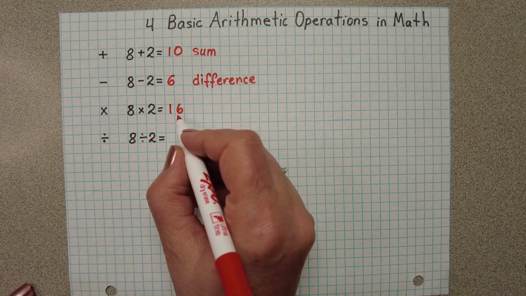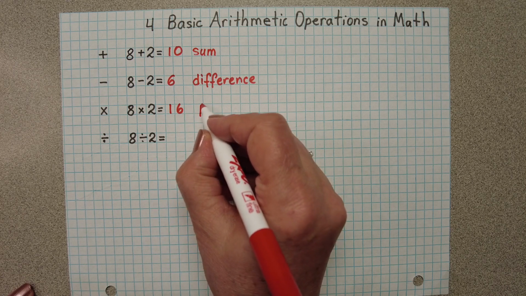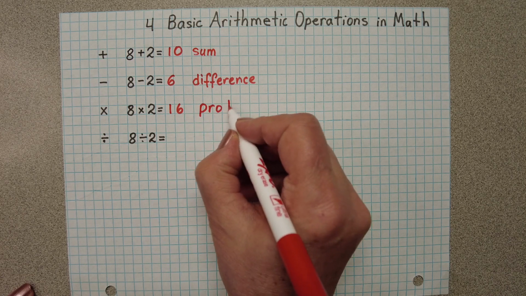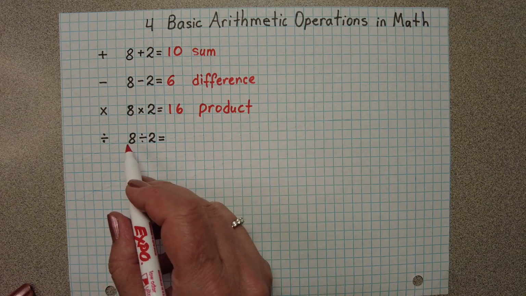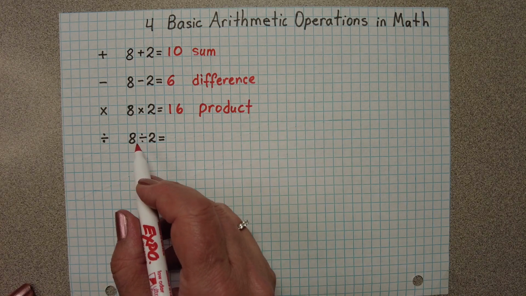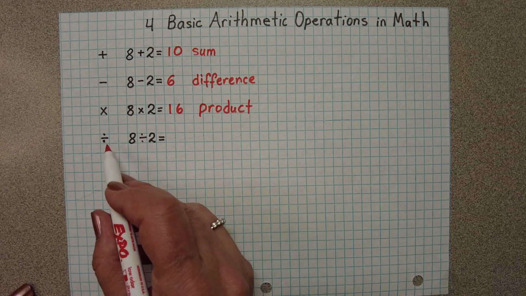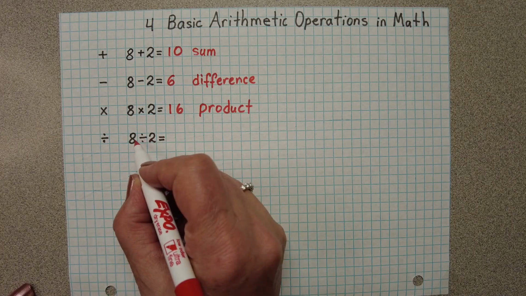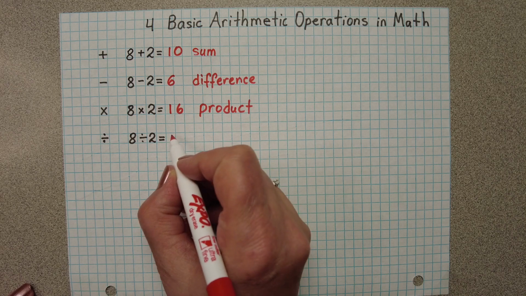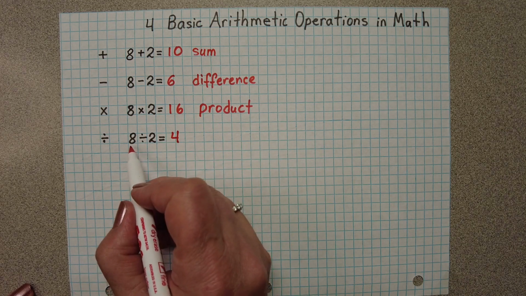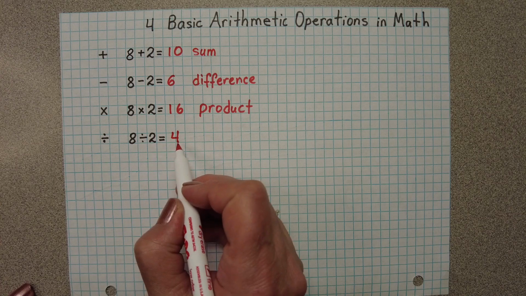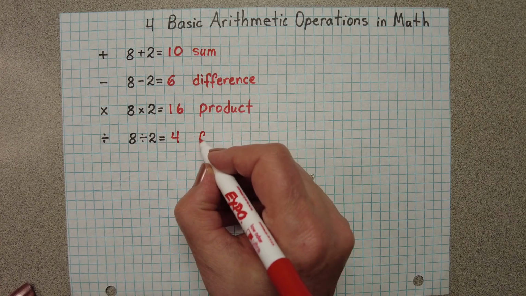So the answer for multiplication we call product. Now we're gonna go to the next operation, fourth operation, which is division. 8 divided by 2 equals 4. We call this dividend, divisor, and the answer is quotient.